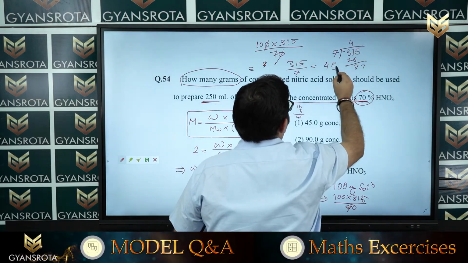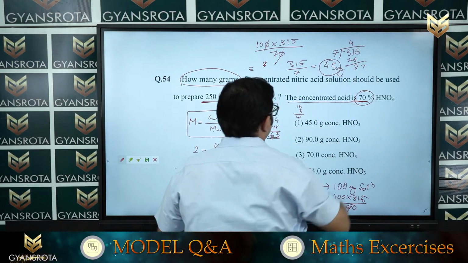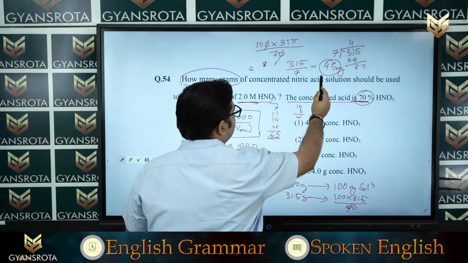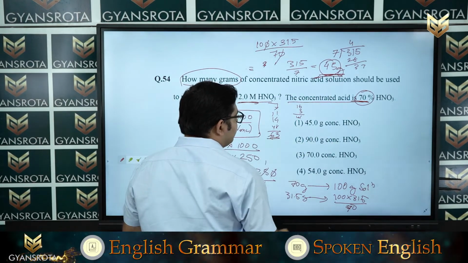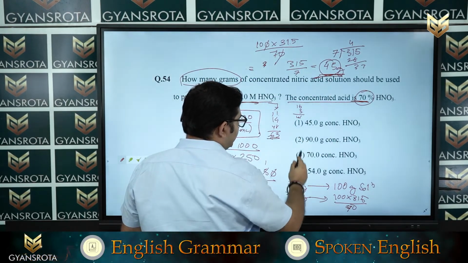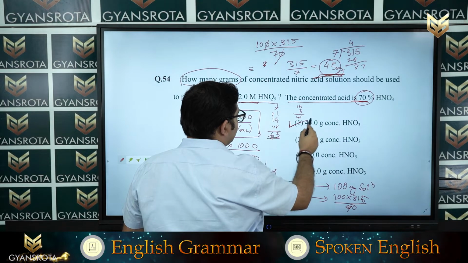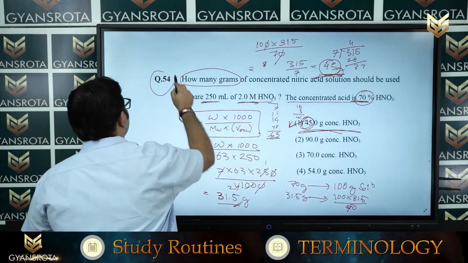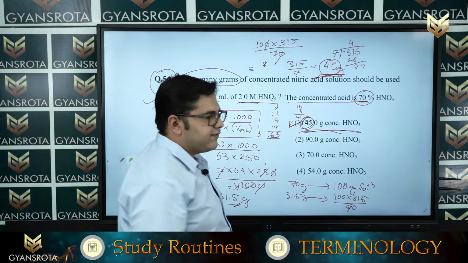So it will be coming as 45 gram. Okay. Now if you see, 45 gram of nitric acid will be present. In option number 1 only, it is given as 45 gram. Okay. So option number 1 is the correct answer of your question number 54.